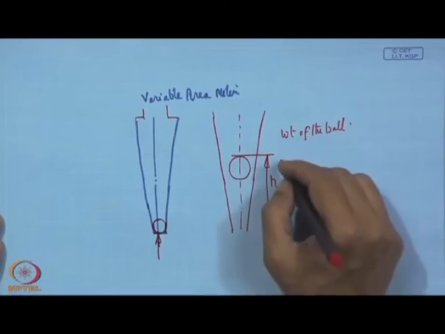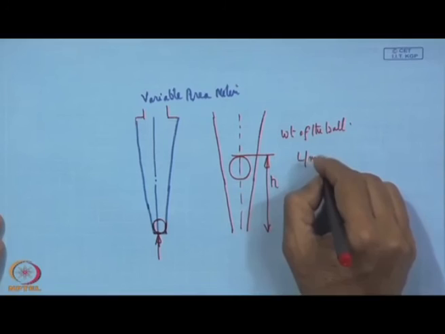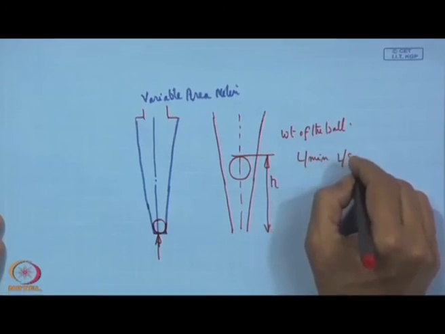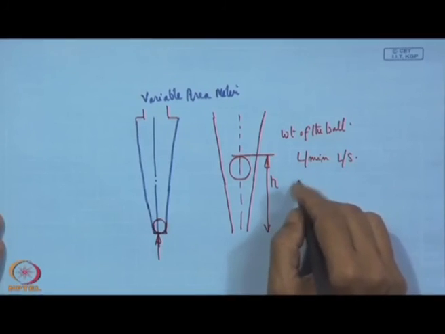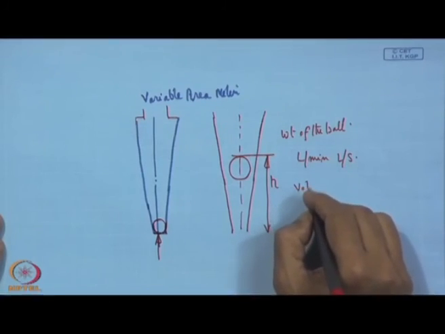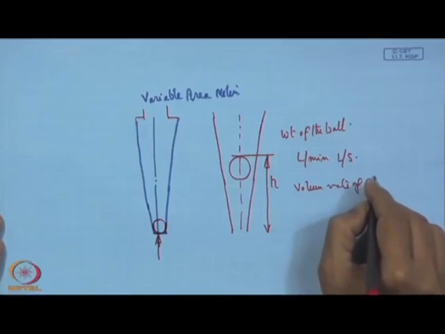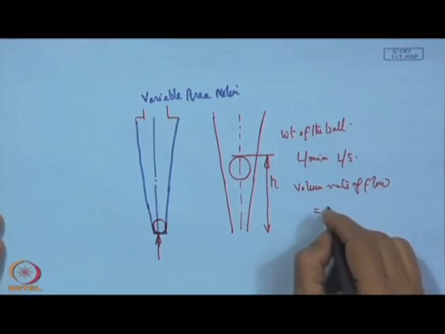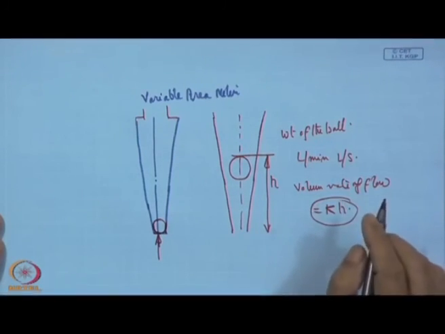The volume rate of flow, which can be liter per minute or liter per second, should be proportional. So, this volume rate of flow is a constant times the height, and that is the principle of measurement.